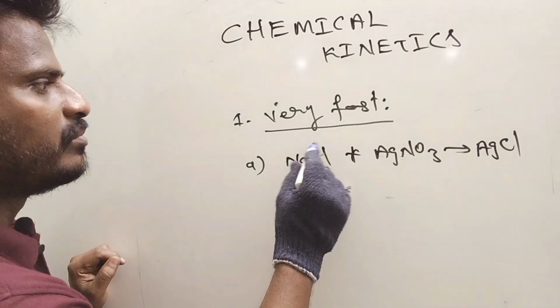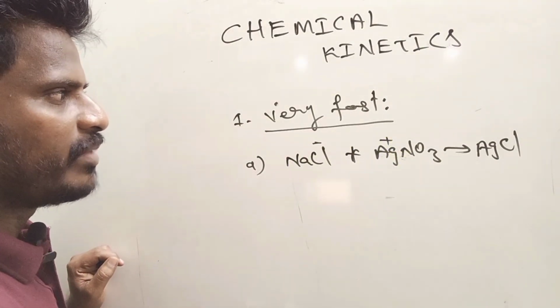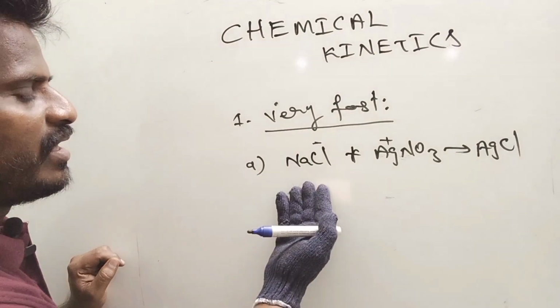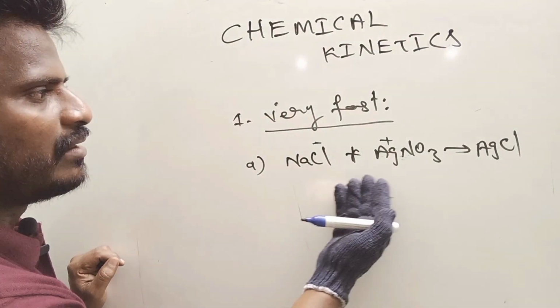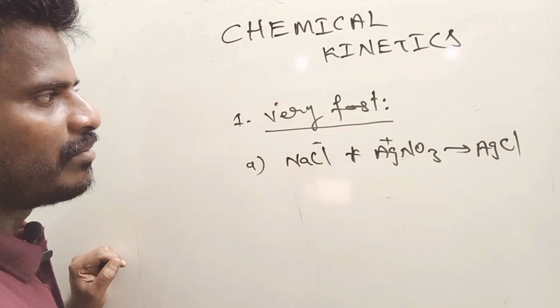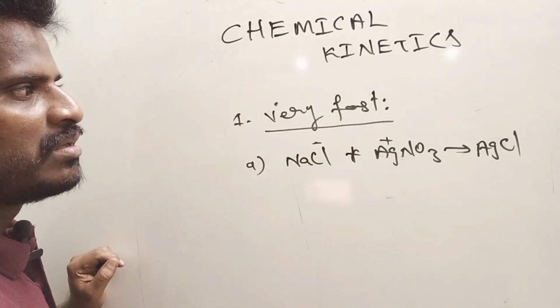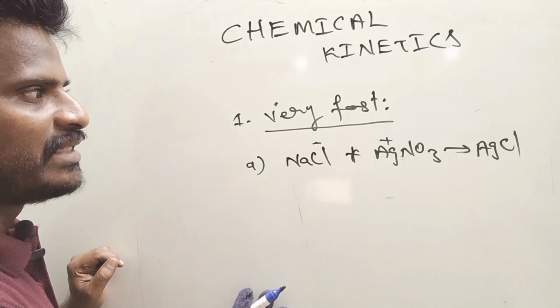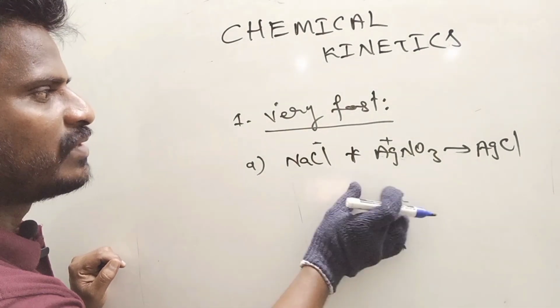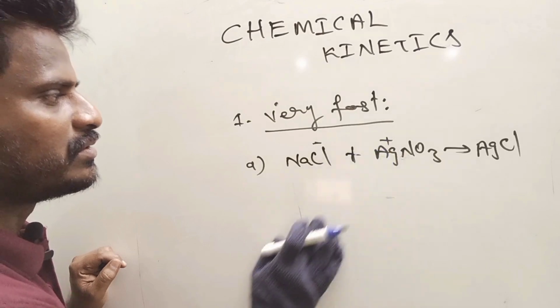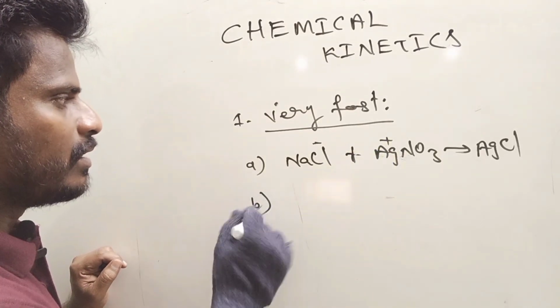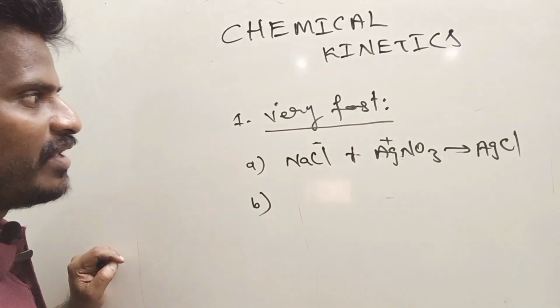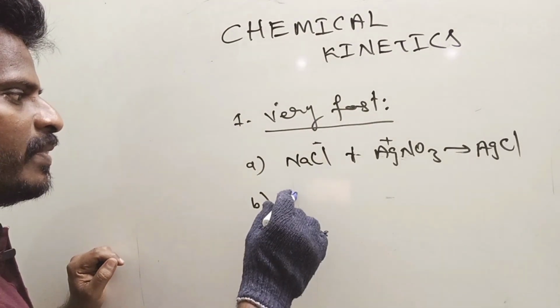Here mutual exchange of ions takes place. From NaCl, the Cl minus ion is added to the Ag plus ion, and we get AgCl. It is a mutual interchange of ions, and all ionic reactions are very fast reactions.